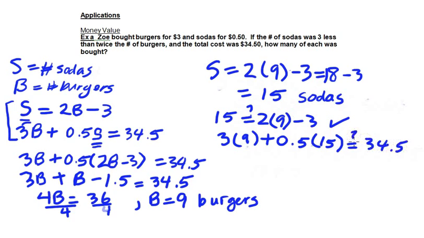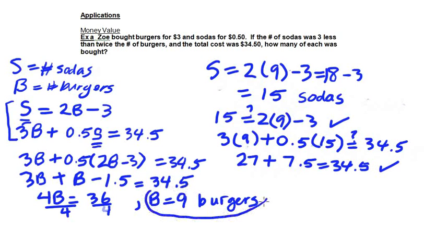And when we check our answers, we've got 3 times 9 is 27, plus 0.5 or a half of 15 is 7.5. And yes, that is equal to 34.5. So our second equation is good, and we have our solution. B is equal to 9 burgers, and S is equal to 15 sodas.